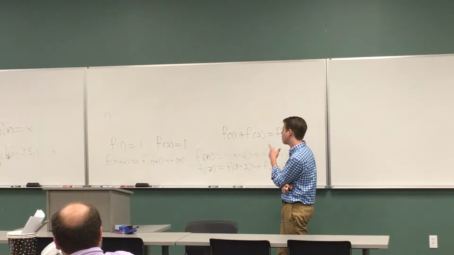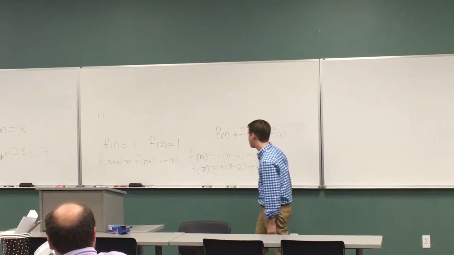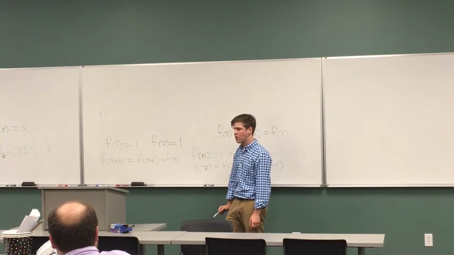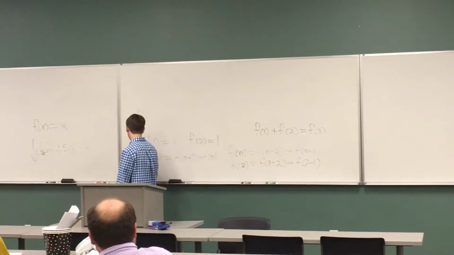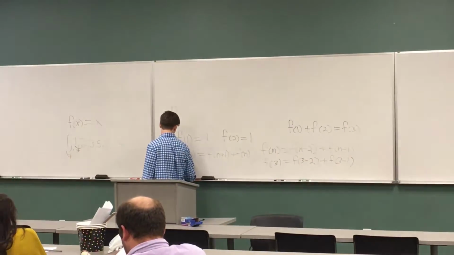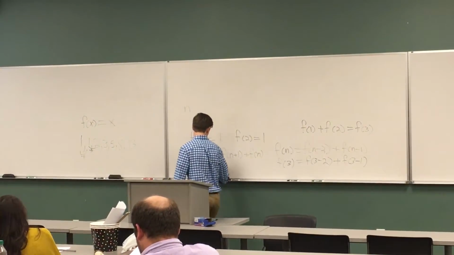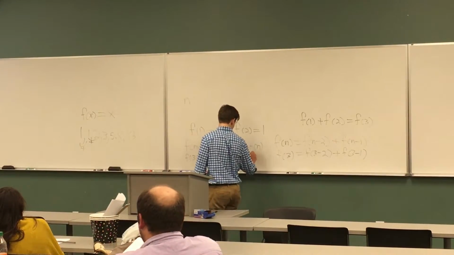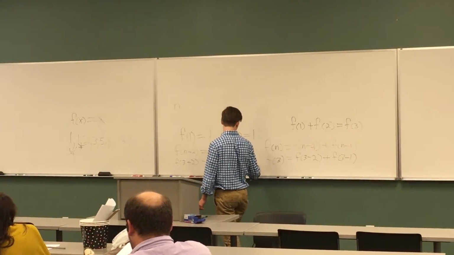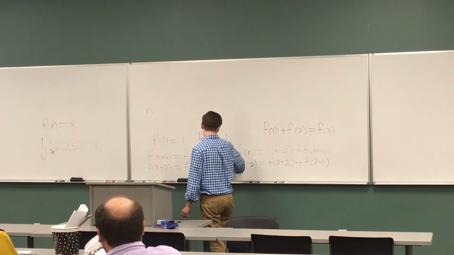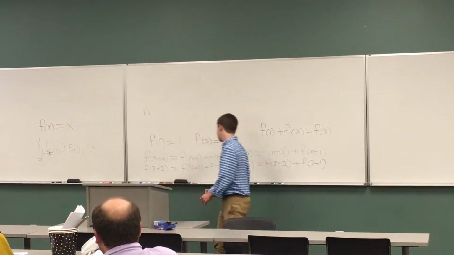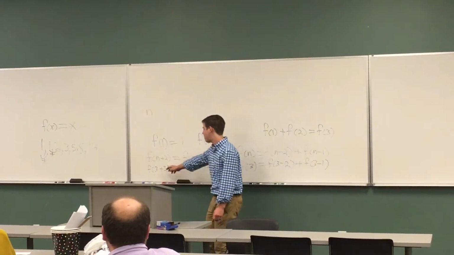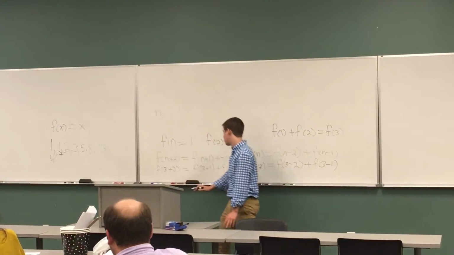How does this work if we put f of 3 in again? Does it work again? Let's try this. We're trying to find out what f of 5 is equal to.